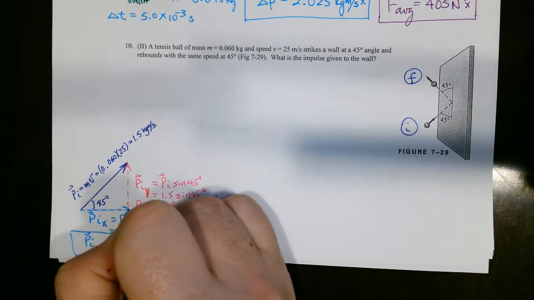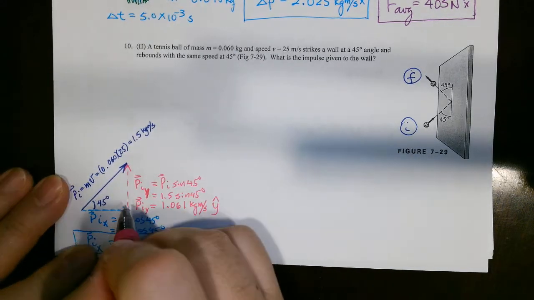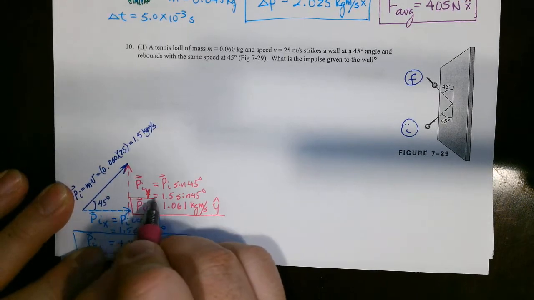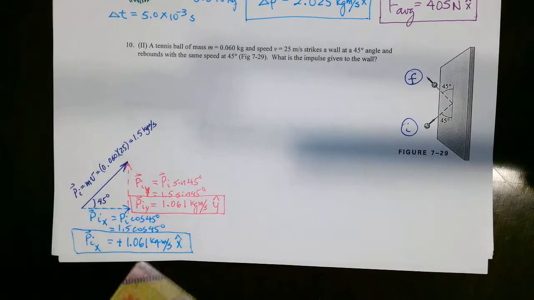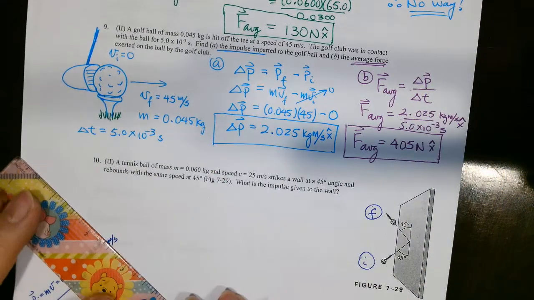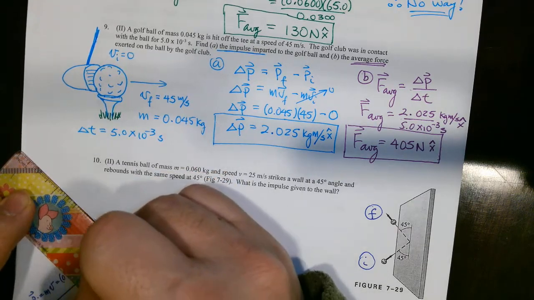So that's my Piy. All right? So here I have my initial momentum broken up into its x and y components. Okay? Now let's take a look at the final momentum. So here's my final momentum, which is this way.